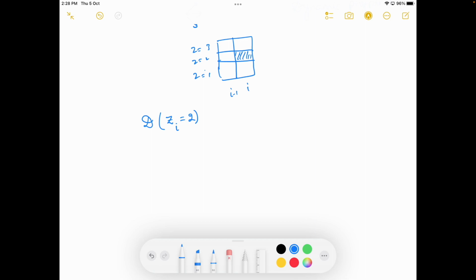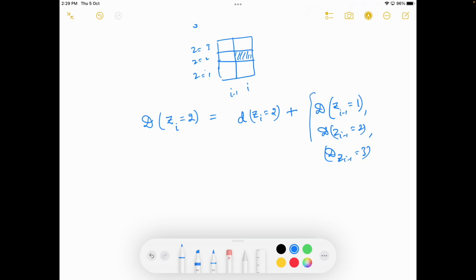Let's say the transition has no cost or no score, because only 3 transitions are possible. So only reaching here carries the score. This is equal to the small d, the score here at zi equal to 2, plus the best path to reach zi minus 1 equal to 1, or d at zi minus 1 equal to 2, or d at zi minus 1 equal to 3.